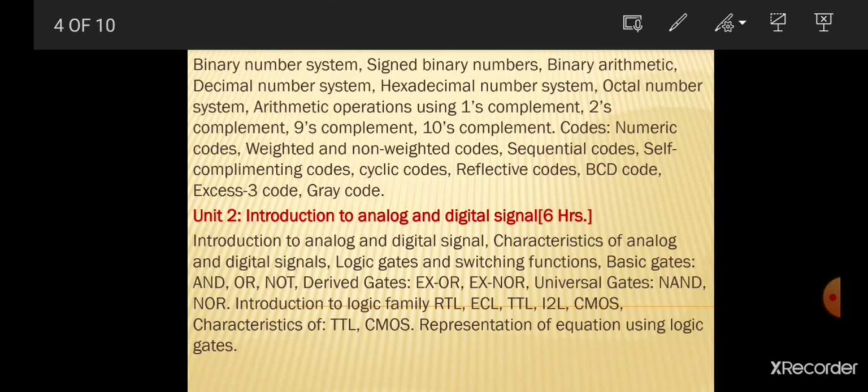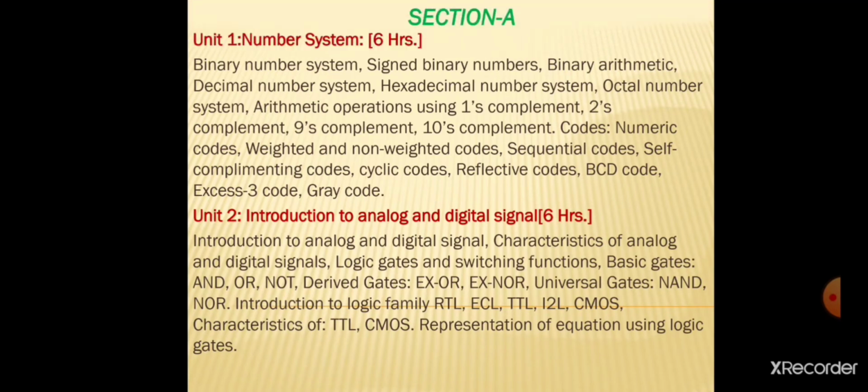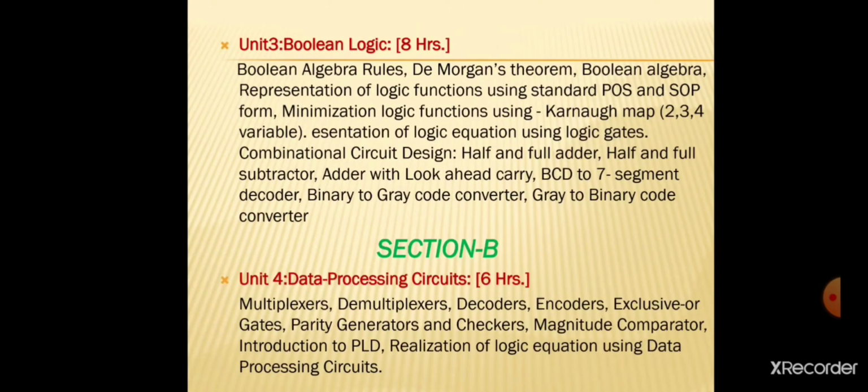Then the introduction to logic families: RTL, ECL, TTL, CMOS, and characteristics of TTL and CMOS. It means we are going to see the detailed characteristics of TTL and CMOS. Then we will see the representation of equations using logic gates. These are the first two units.